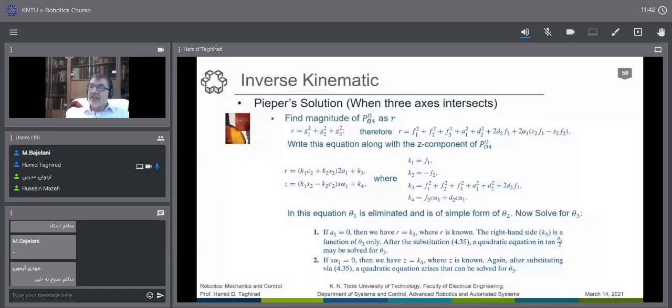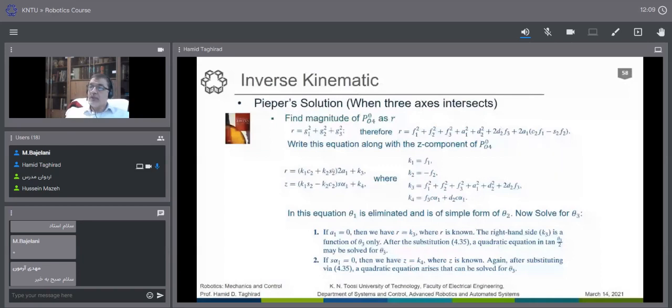We can say that R, which is G1 squared plus G2 squared plus G3 squared, can be found, and as we manipulate these substitutions, we reach this point, which can be written in these 2 equations.